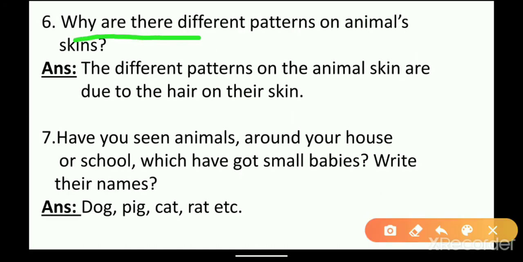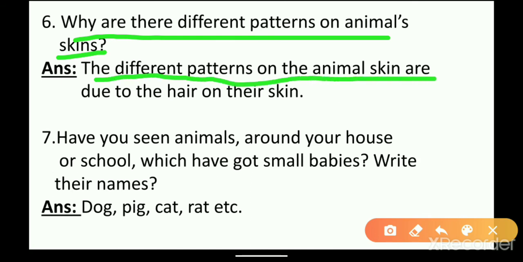Why are there different patterns on animals' skin? The different patterns on the animals' skin are due to the hair on their skin. Different animals have different skin tone and different color. So these patterns on the skin are due to the hair on their skin.